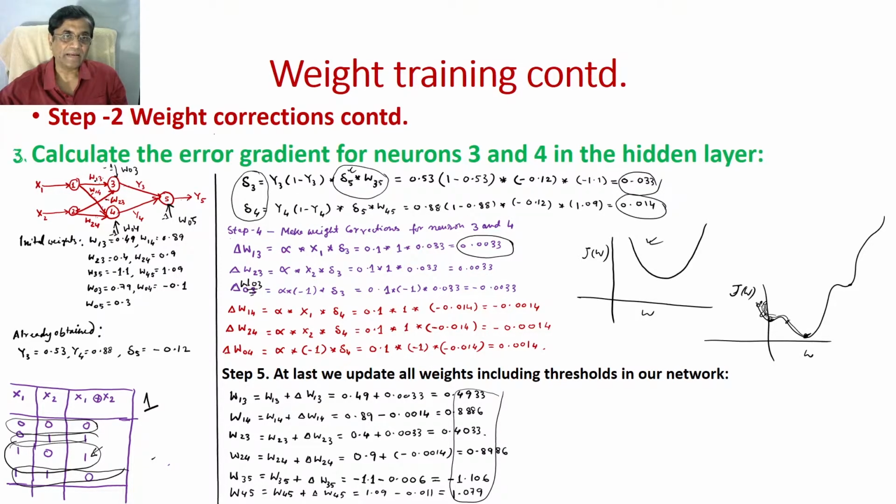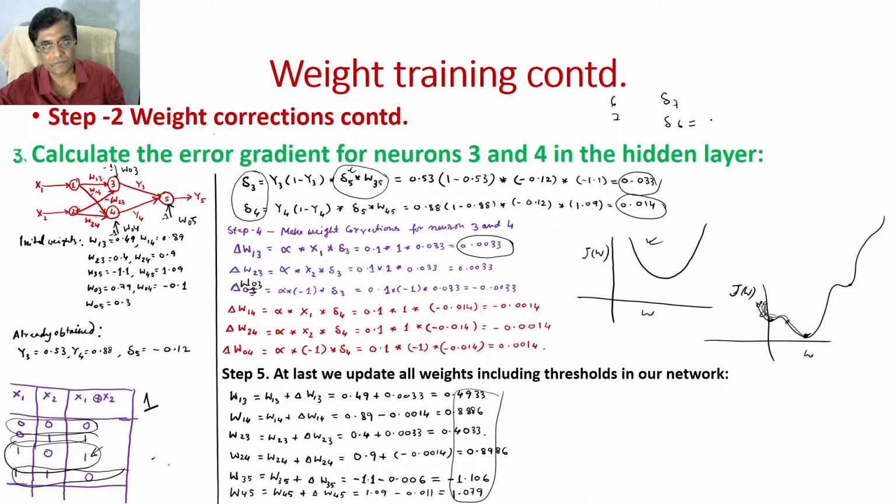If the layers are increased, for example there is another layer where you have neurons 6 and 7, two neurons, right? Then you need to calculate this, and for calculating this you again require the activation function, which is sigmoid.